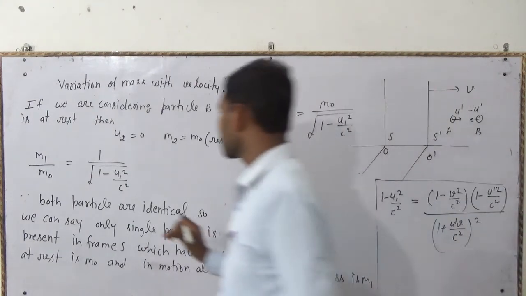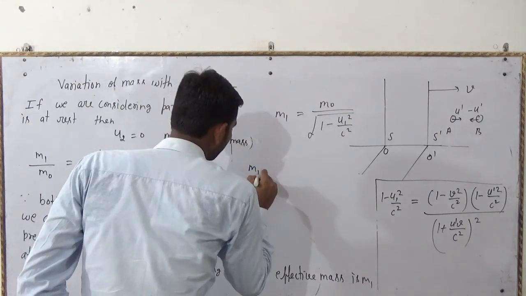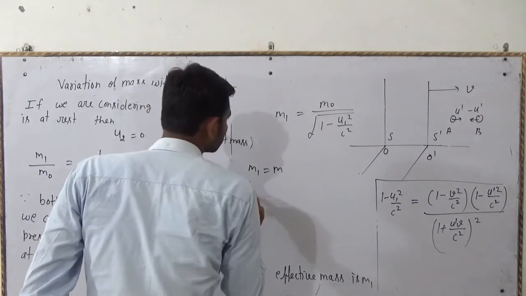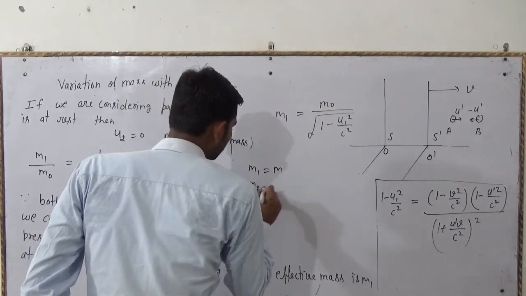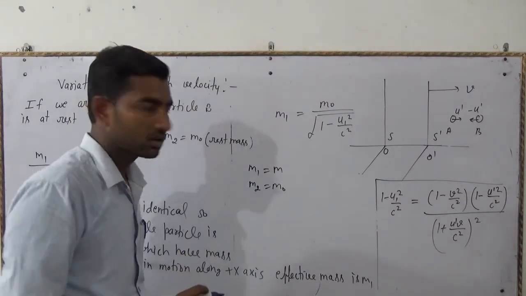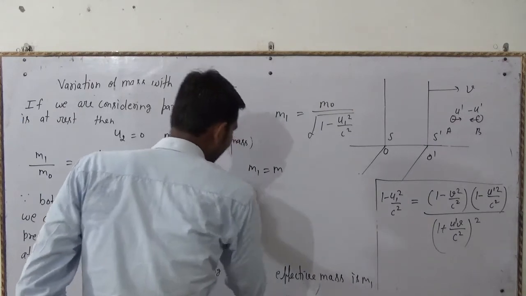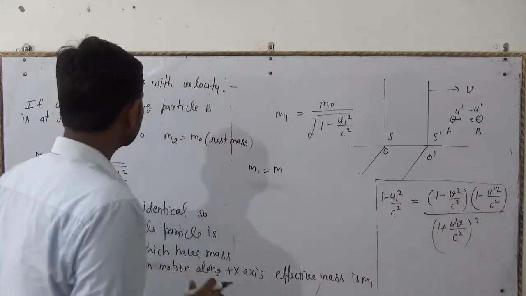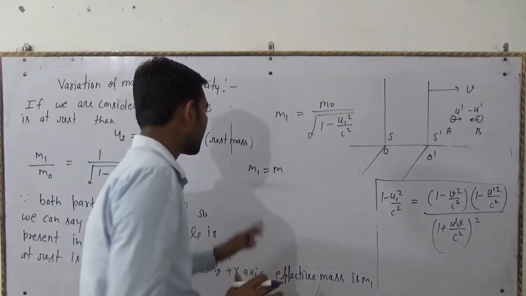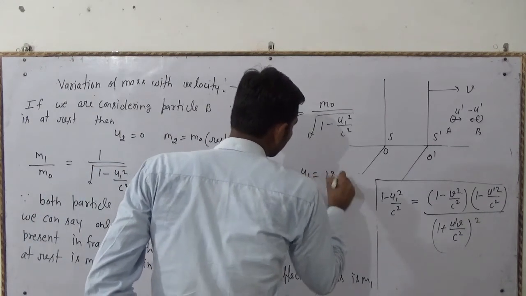So here we can replace m1 by m, and m2 is equal to m naught. Only we are writing here m1 is equal to m, and u1 is equal to v.